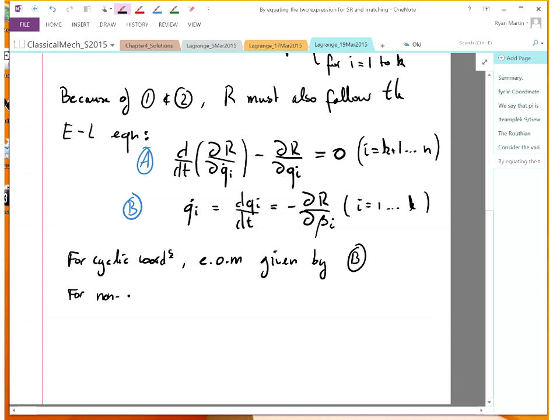And then for non-cyclic coordinates, the equations of motion are given by A, which is the Euler-Lagrange equation. That's the same as they were before.